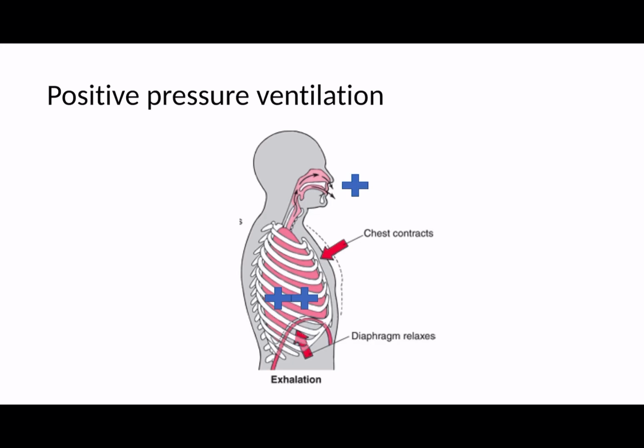Now, if you have someone who is paralyzed, intubated, and with positive pressure ventilation, you lose all of that active expiration. The only way in which a patient can expire during positive pressure ventilation is by allowing that passive recoil of the chest wall and a little bit of the diaphragm that's moved down during the inspiration phase.